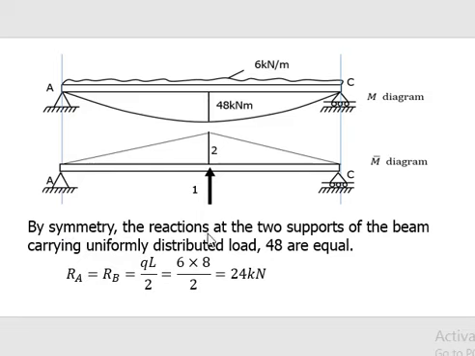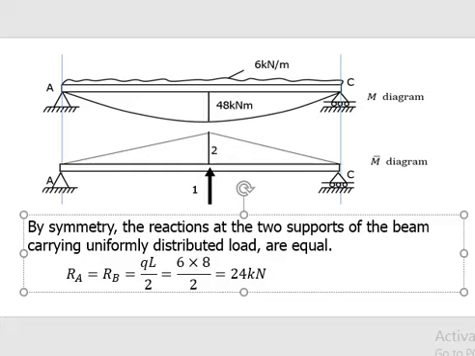By symmetry, the reactions at the two supports of the beam carrying uniformly distributed load are RA equals RB equals qL over 2, that is 6 times 8 over 2, that gave us 24 kilonewton. This is the reaction at support A and also at support B.